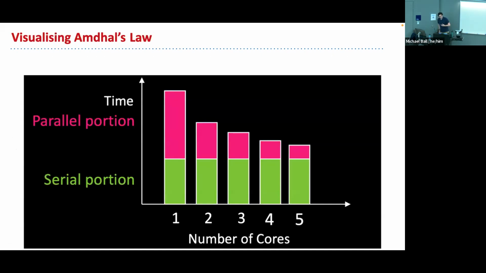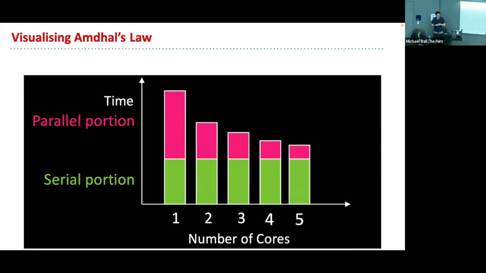The way to think about Amdahl's law, let me start that over because I started reading P the wrong way, is given a number of processors, the speed up that we can achieve is 1 over the number of processors in theory. So if we have 5 processors, we can in theory achieve 5 times speed up if our program is 100% parallel. If our program is 100% parallel and we have 5 processors, we could theoretically speed up our program by 5 times. But in practice, we have this serial portion, and so we have to subtract out our serial portion.